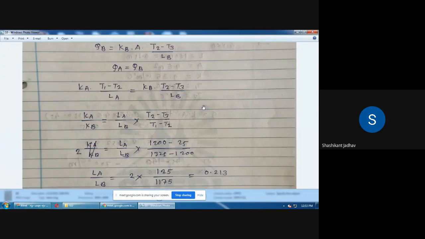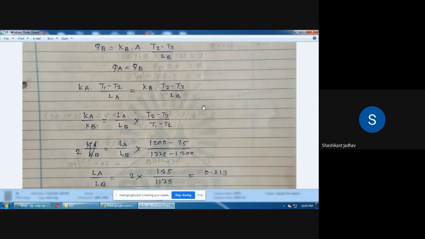So the area will be cancelled, and the remaining equation is Ka into T1 minus T2 divided by LA is equal to KB into T2 minus T3 divided by LB. T1, T2 and T3 are given. Similarly, the ratio of thermal conductivity is given, Ka by Kb is equal to 2.